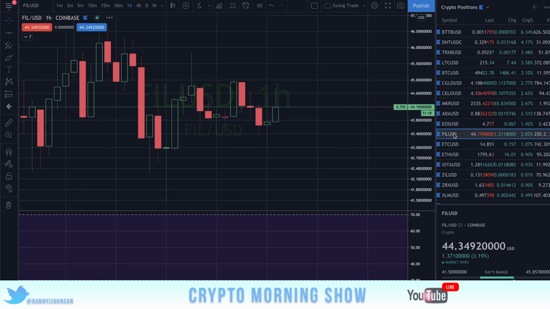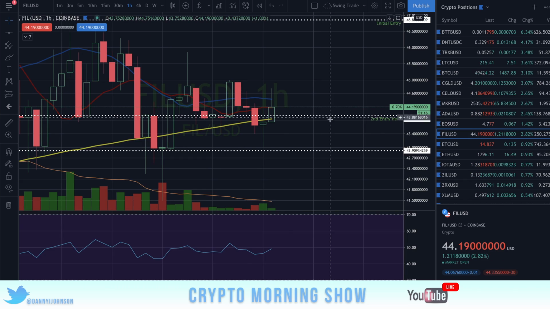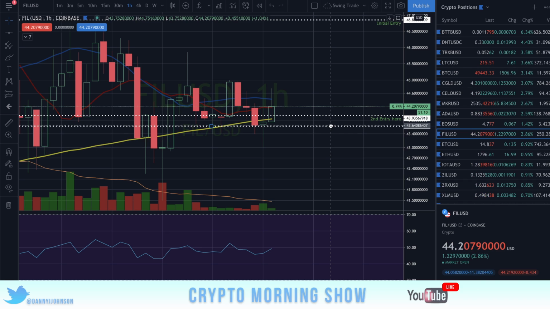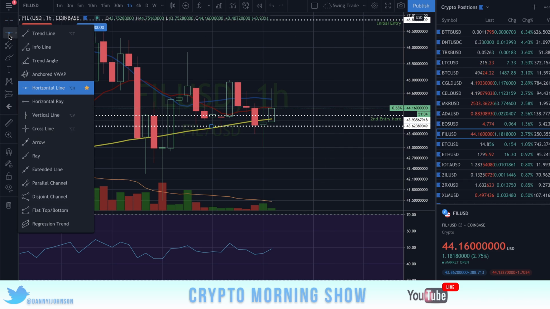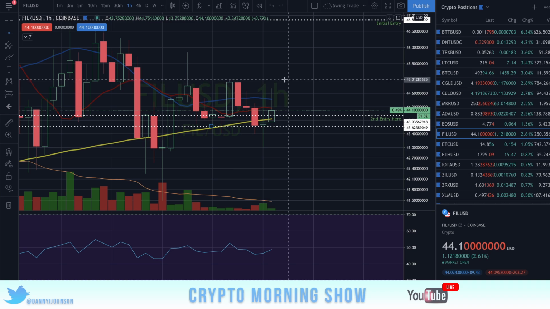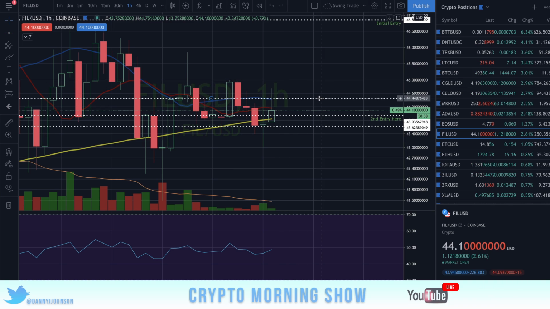Let's move on to FIL USD. We can draw our support at $43.64. Then the first set of resistance to encounter is going to be right at $44.48.